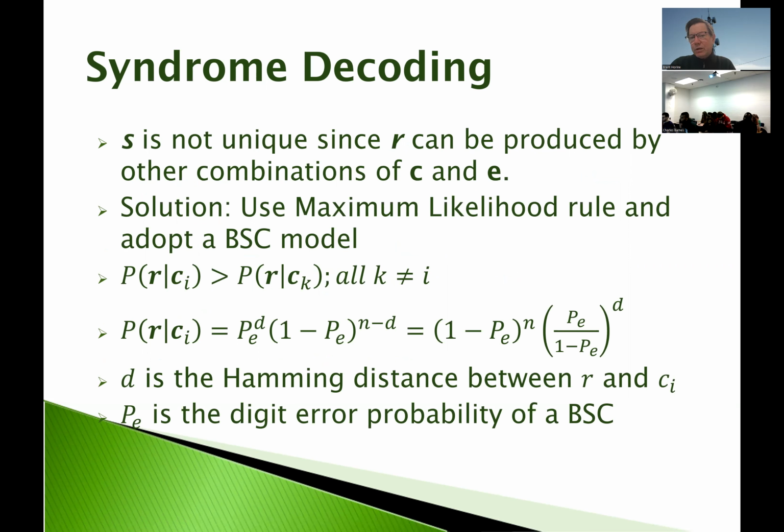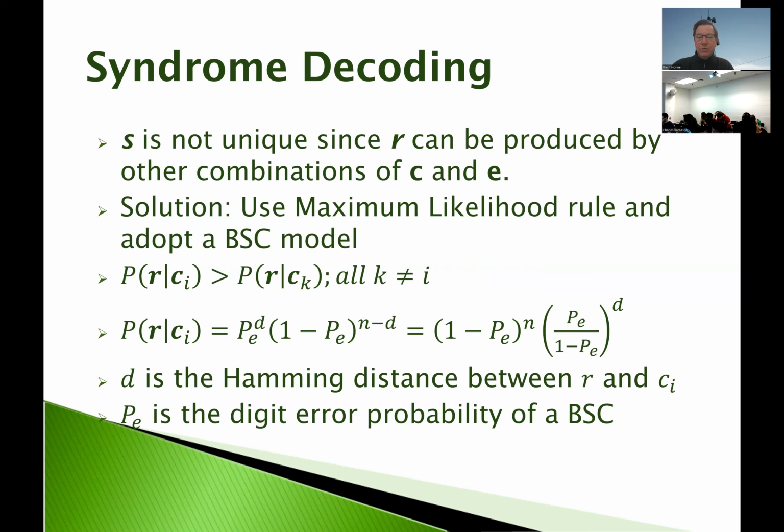Remember, we looked at receivers where we're mapping symbols to bits. We talked about a maximum a posteriori probability receiver, a MAP, and then we said that when the symbols are equally probable, we can use the maximum likelihood receiver. So we're going to do a similar thing here.